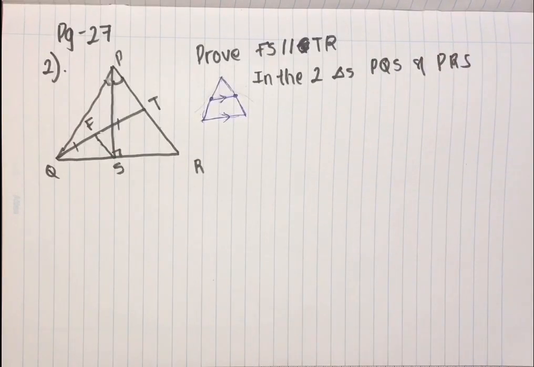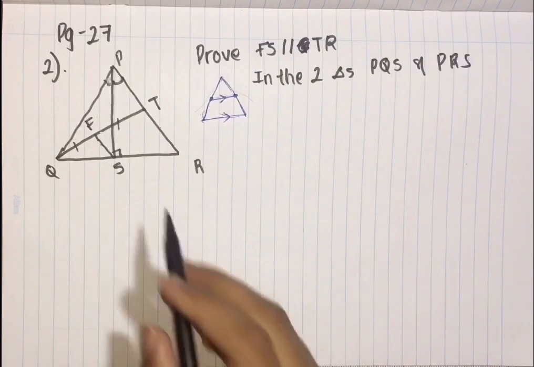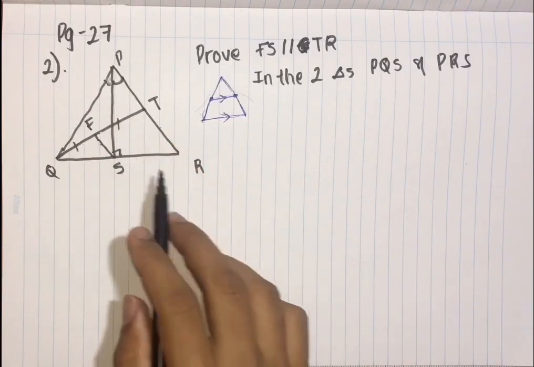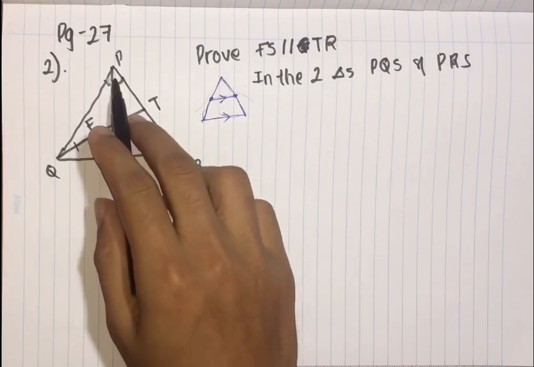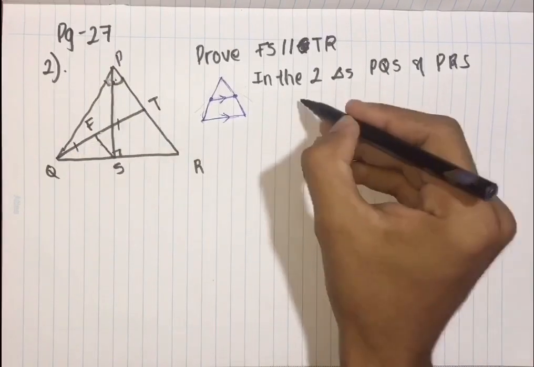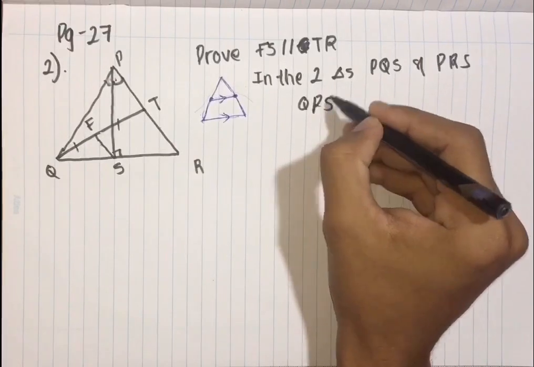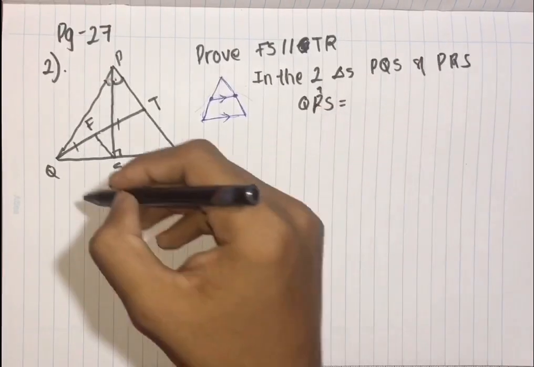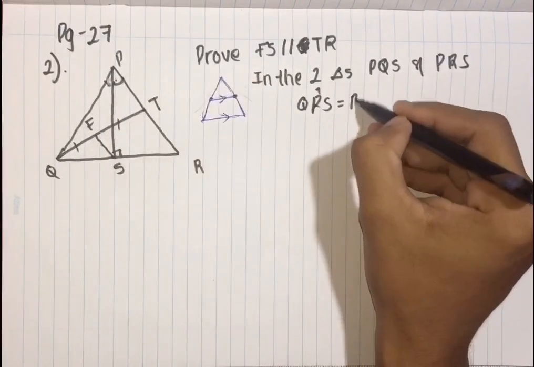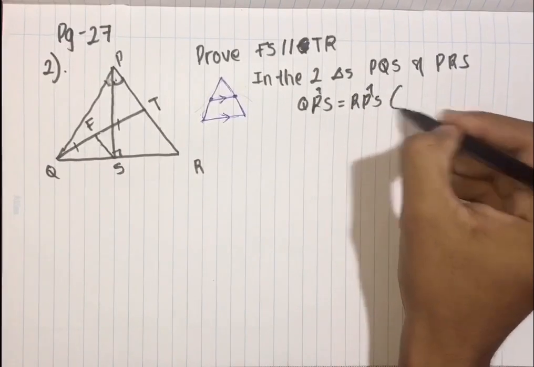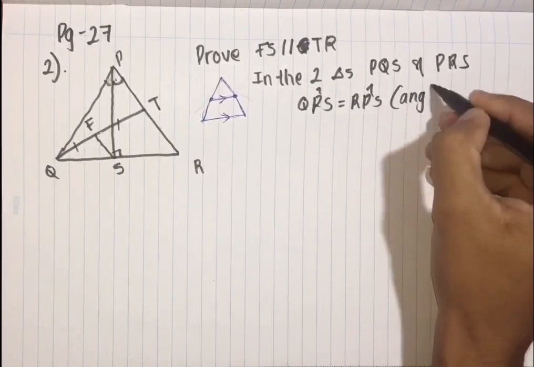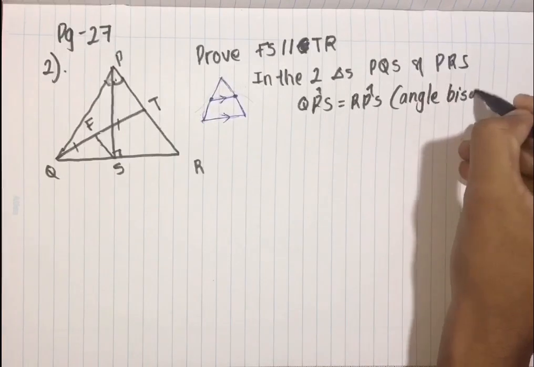How do you prove? One thing is that I can consider this angle. These two are equal. Angle QPS is equal to angle RPS. What is the reason? Angle bisector. Mention those reasons also.